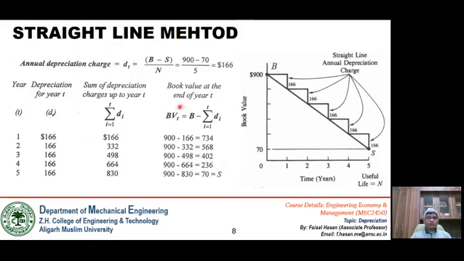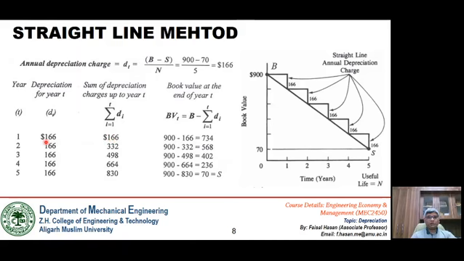Now if you make a table, these are the number of years, or the depreciable life, given as 1, 2, 3, 4, 5. Every year there will be a depreciation of $166. In year 1 there will be a depreciation of $166. As far as the cumulative depreciation is concerned, we don't have any depreciation before this, so the cumulative depreciation will again be $166.